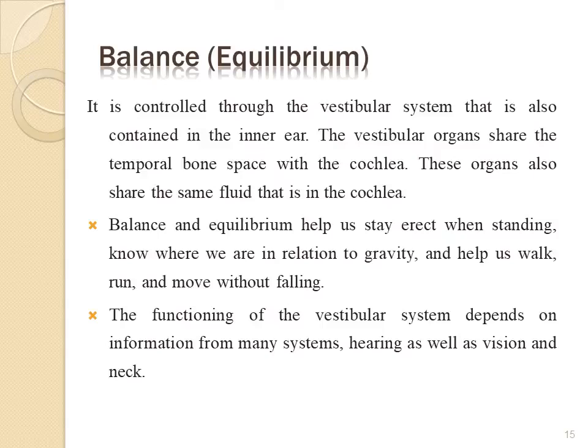The function of the vestibular system depends on information from several systems. So balance is not only for the hearing or only for the ear, but can also depend on the vision and the neck. So vertigo can occur not only from a hearing defect, but also from a vision defect, or an infection, or a problem in your neck.